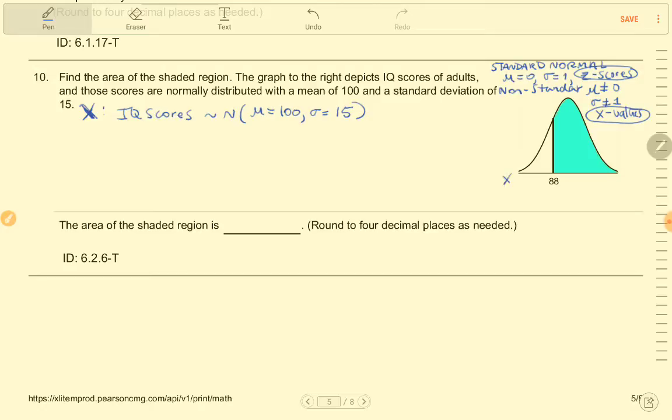All right, so in order to use the z-score table, we would have to convert the scale to z-score. So this is an x scale with a mean of 100 in the middle there, standard deviation of 15. And if we wanted to see how the z-scores would line up, we can do that. Let me remind you of the formula.